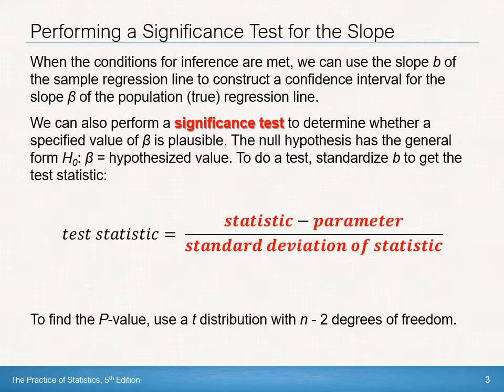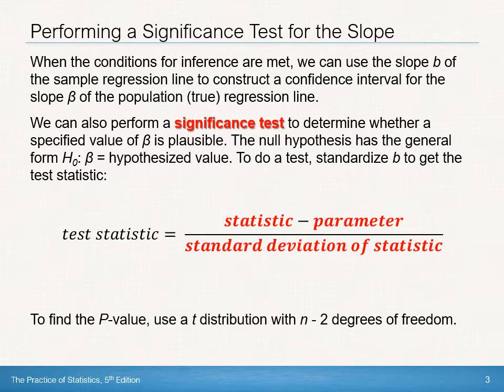And I think we talked about it briefly in the last part, where this is going to be a t statistic. It ends up being a t statistic because the standard deviation of the statistic is not going to be known. We won't know the standard deviation of the population, so we're going to use the standard error, and as a result, we end up getting a t distribution.